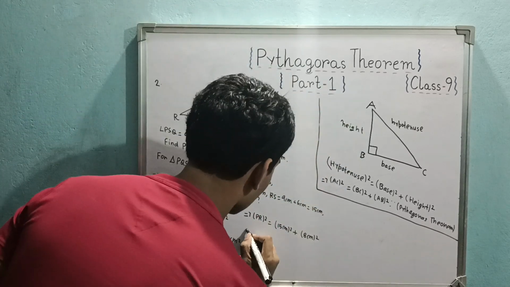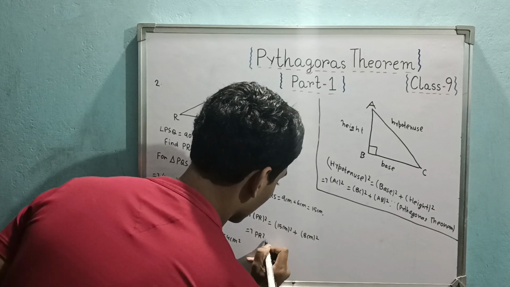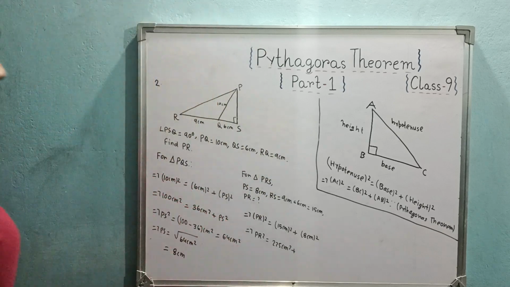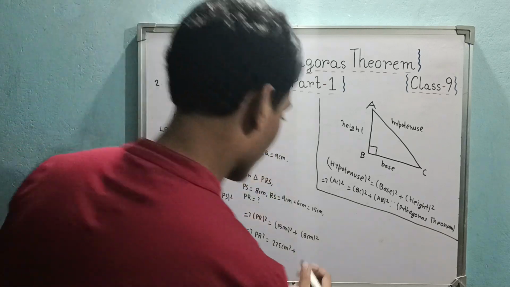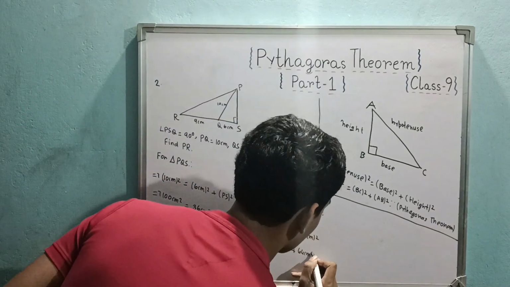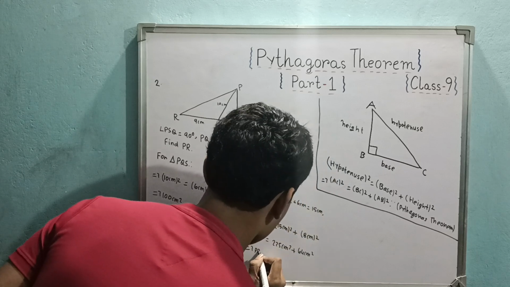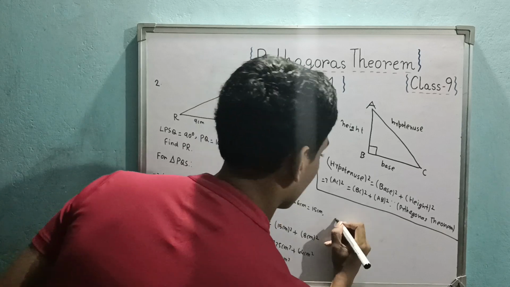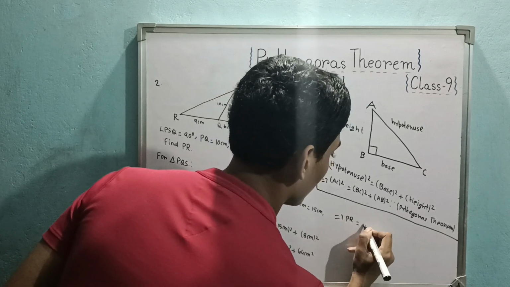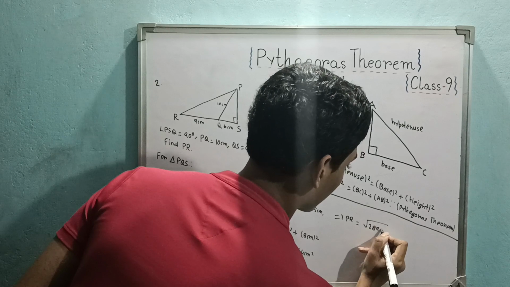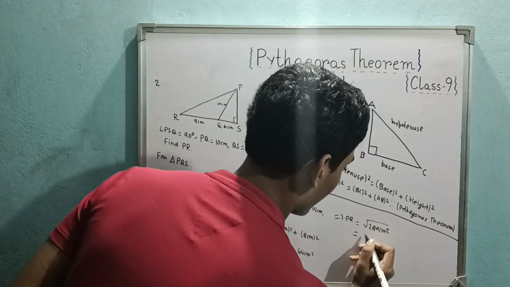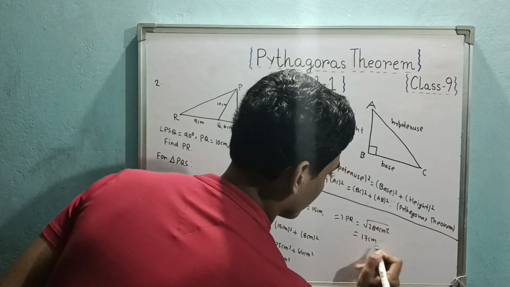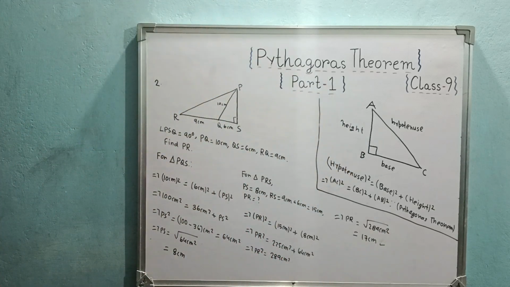Let's calculate. PR square equal to 225 centimeters square plus 8 centimeters square or 64 centimeters square, or PR square equal to 289 centimeters square, or PR equal to root of 289 centimeters square. Root of 289 is 17 and centimeter square root is centimeter. That is the answer. So it's a good question.